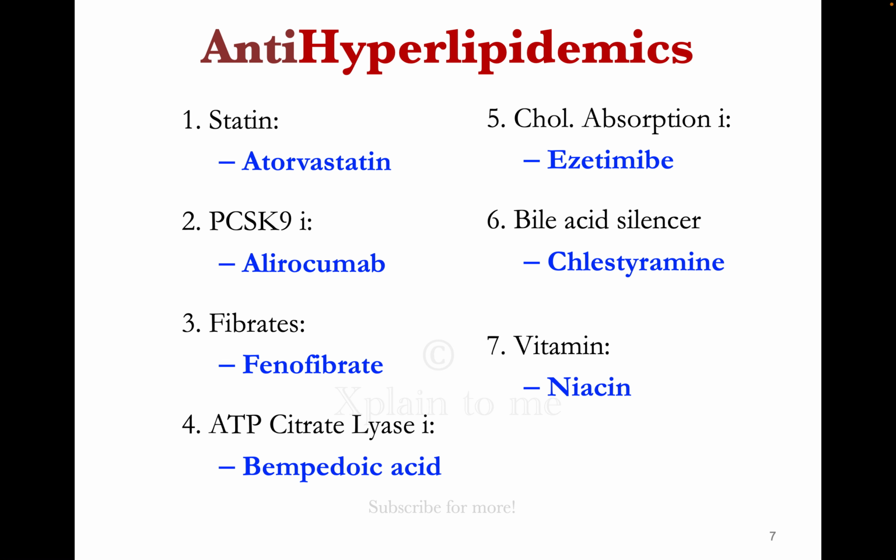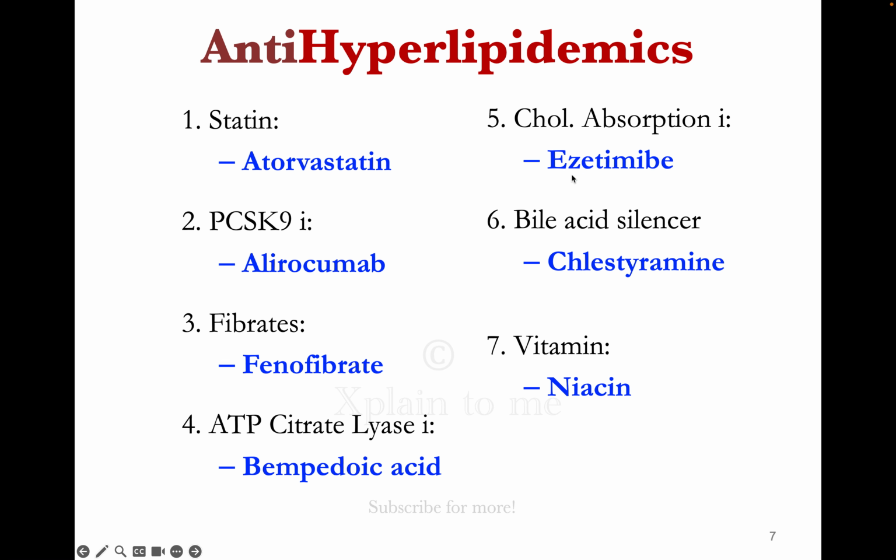Okay, so the receptor name is the NPC1L1 receptor. It's good for you to remember. Sometimes the board may ask. I don't remember whether they ask. I've never seen a question, but what if they're going to ask? Because we study all these PCSK and all those specific enzymes. So I wanted you to study that NPC1L1 receptor in the intestine, on the brush border cells. Okay, that's the point.